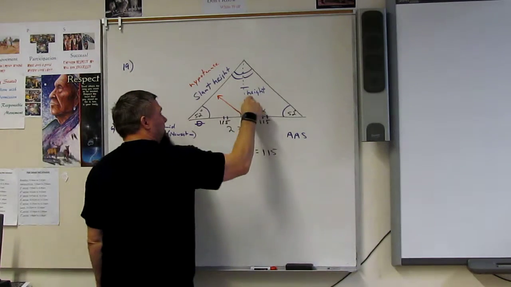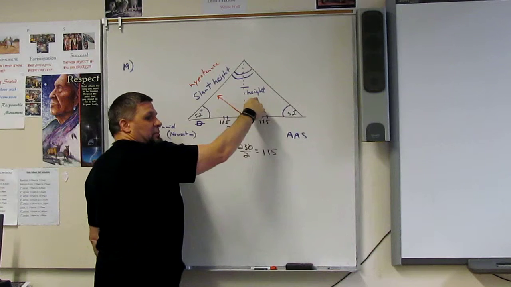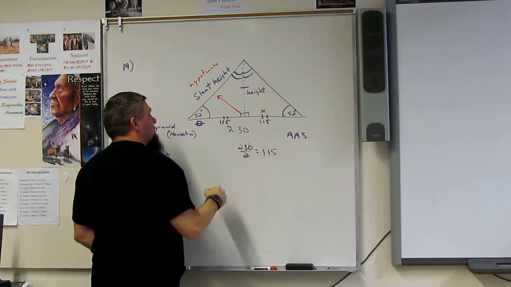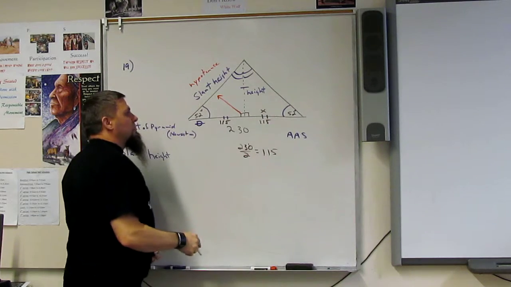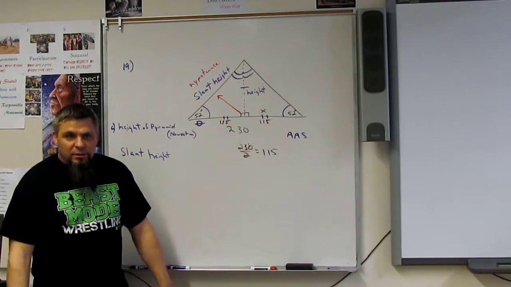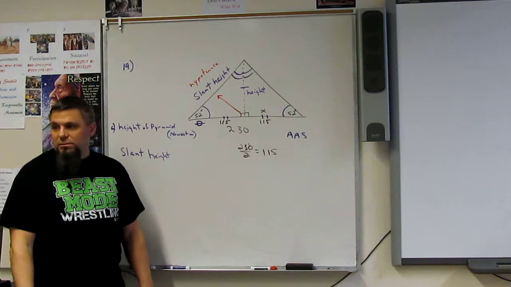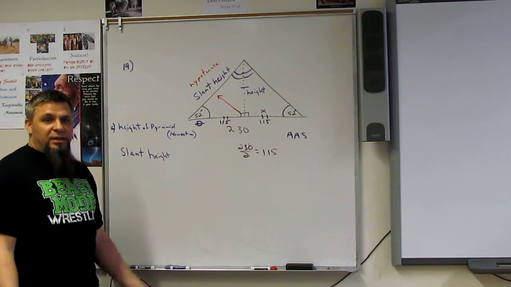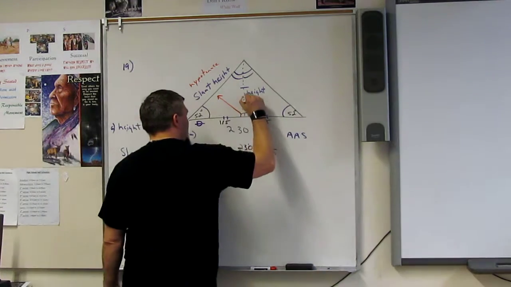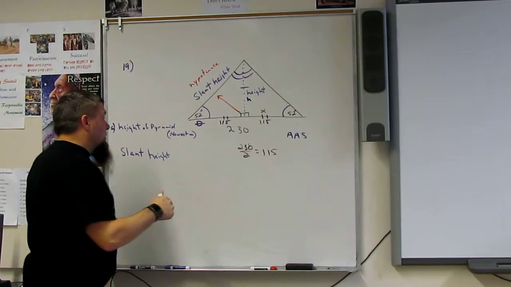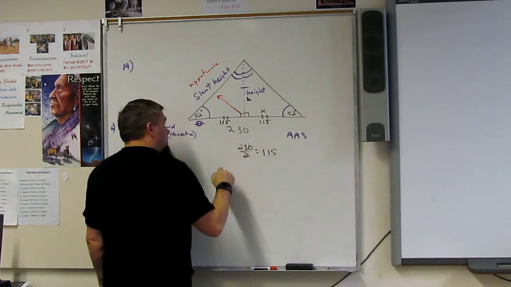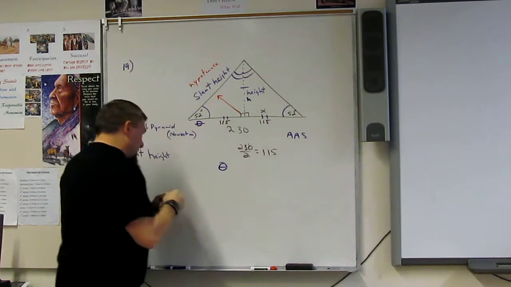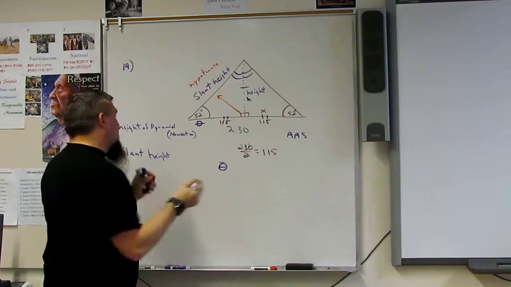Okay, I want to know this guy. I don't know what this is. Unknown. So I'm going to give it a variable. What variable do you want to use? A or T or H? H? Okay, H. I know that I have a theta, and now I need to know what else I have.